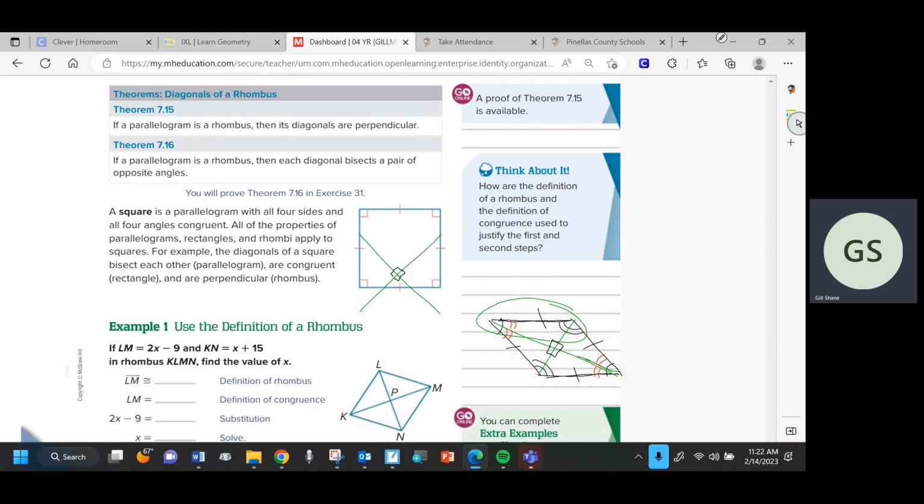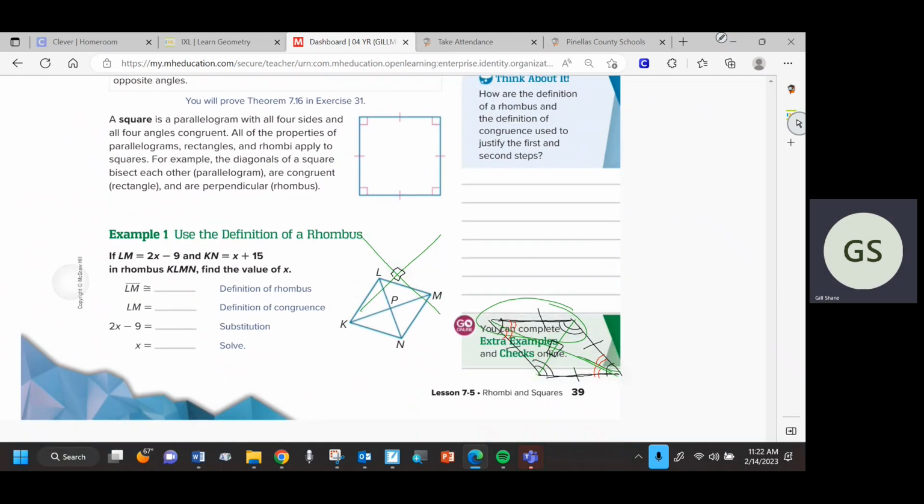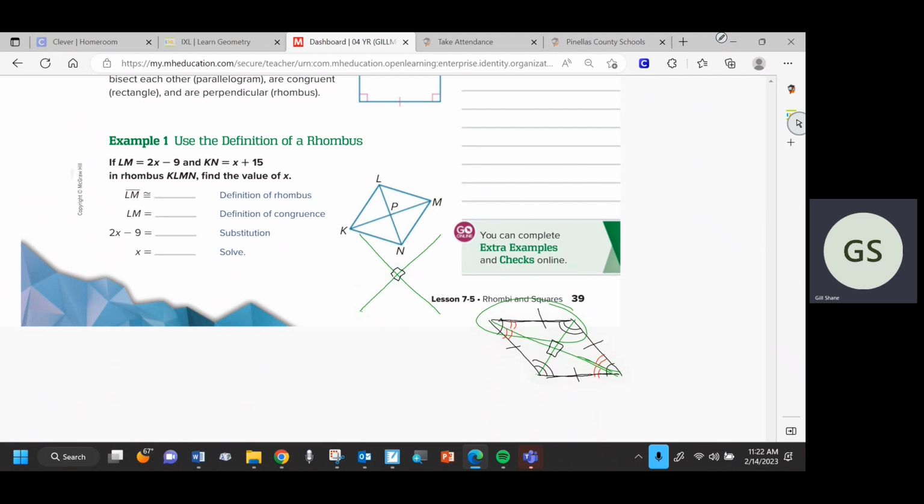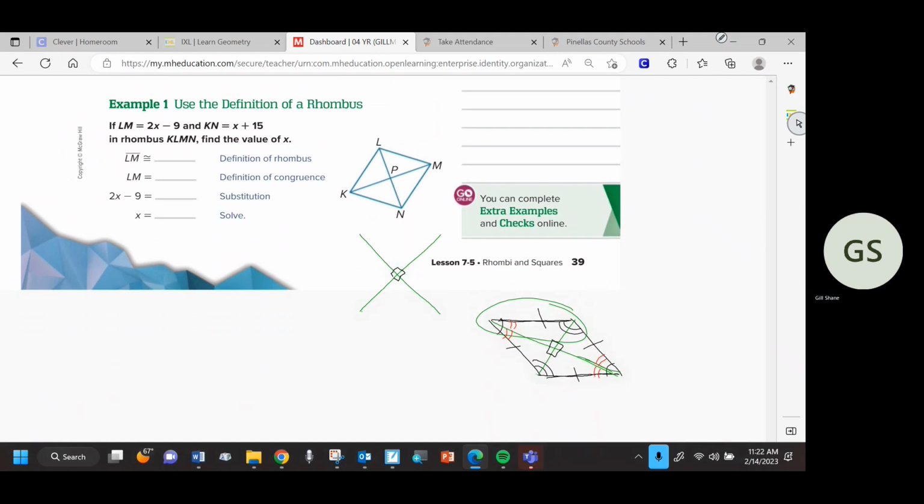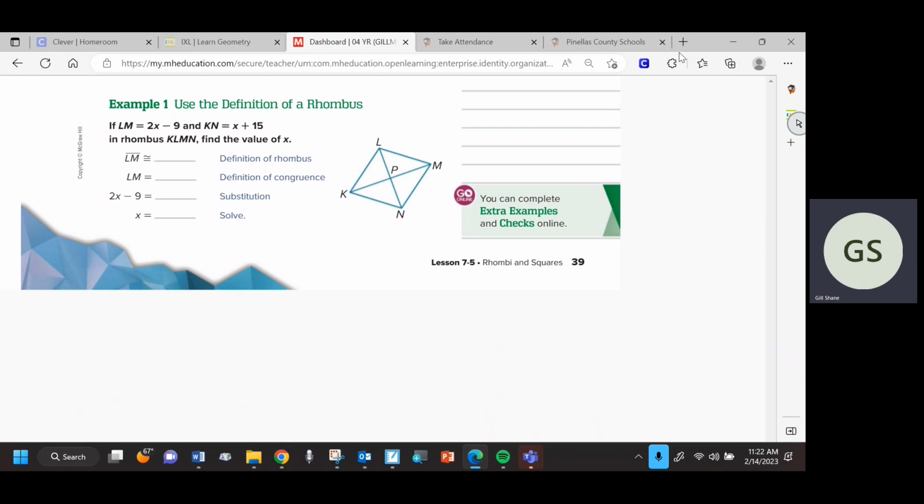I'm going to go ahead and go over it right now. All right, so I'm going to get rid of all of that so that we can see it a little bit easier. All right, so we have this figure.